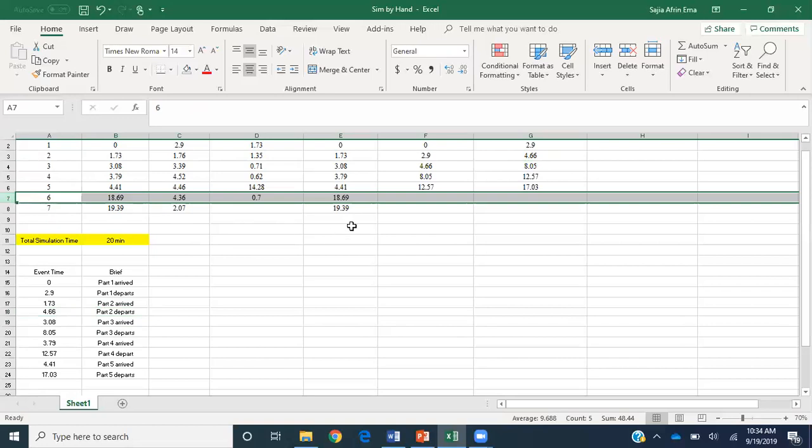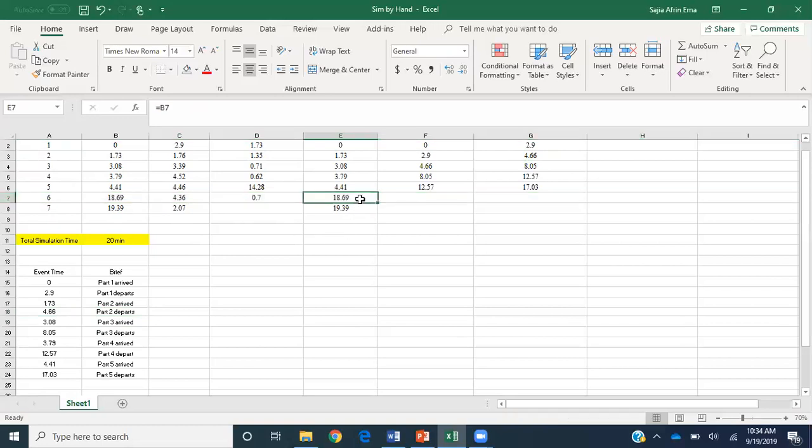Part 6 is arriving at 18.69 minutes. When will it join the service? Exactly at this time, right? Because part 5 has departed the system at 17.03 minutes.